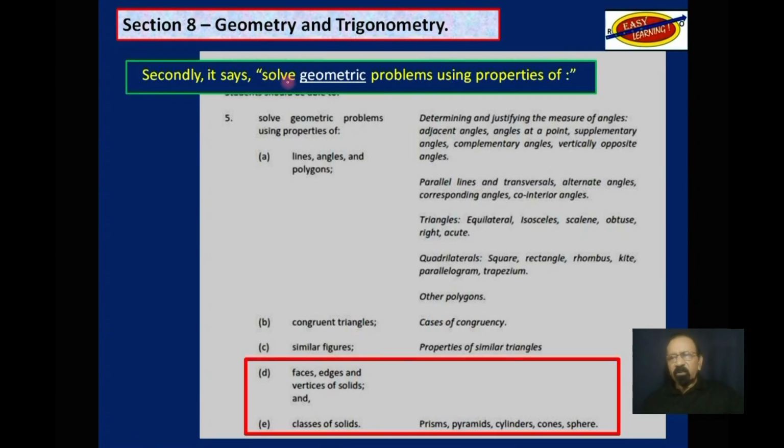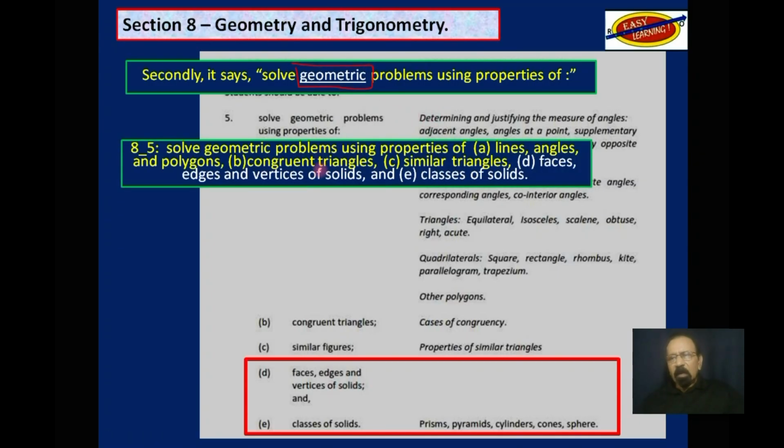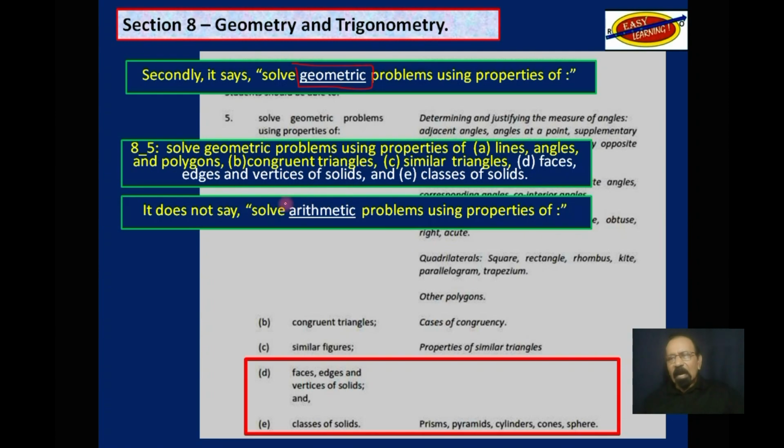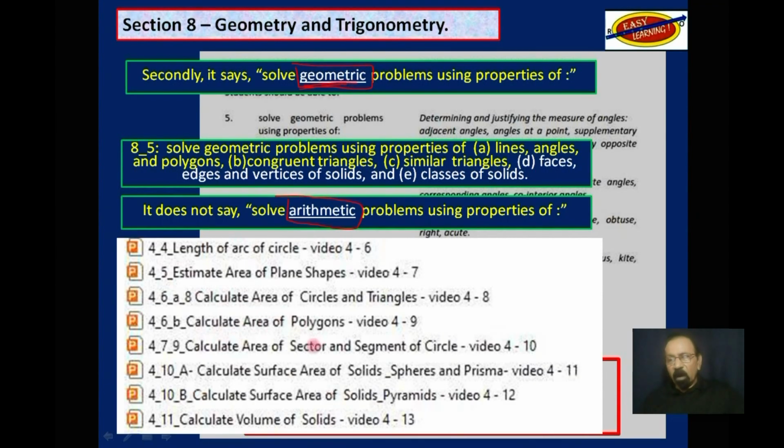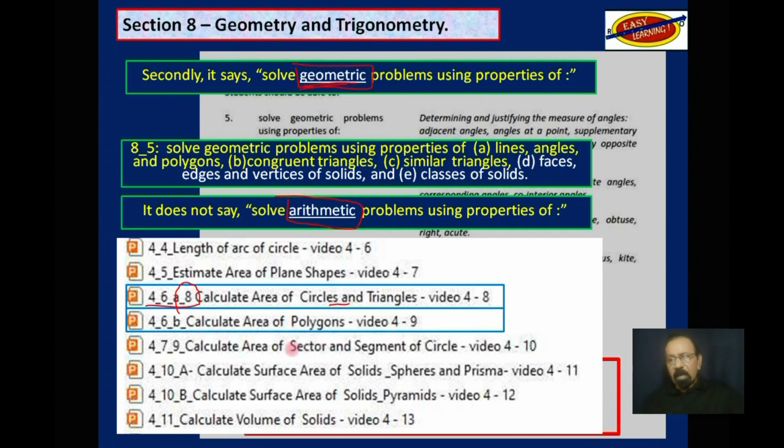This objective says solve geometric problem. Now, it didn't say anything about arithmetic problem or even algebraic problems. It says geometric problems, and this is what I am a bit confused about. Recall also in section 4, objective 6 to 8, we calculate areas of triangles and circles, and then areas of polygons and surface area of solids, spheres, and prism.